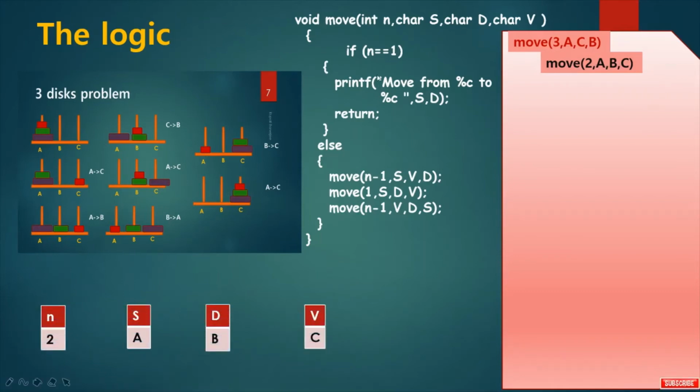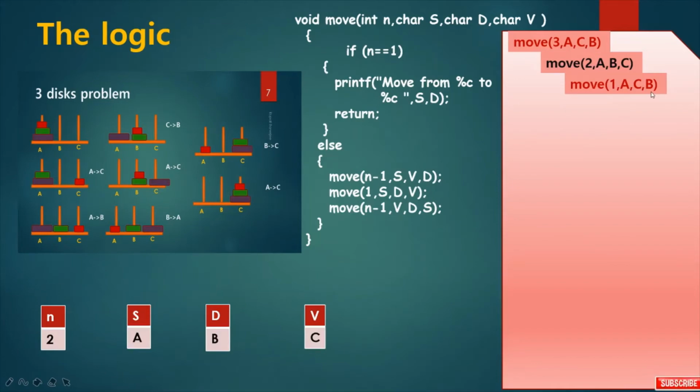Now if n equals 1, is n 1? No, n is not 1. So come to this else part. Move n minus 1, s, v, d. n minus 1 means now it is 1. What is s? S is A. What is v? V is C. And what is D?